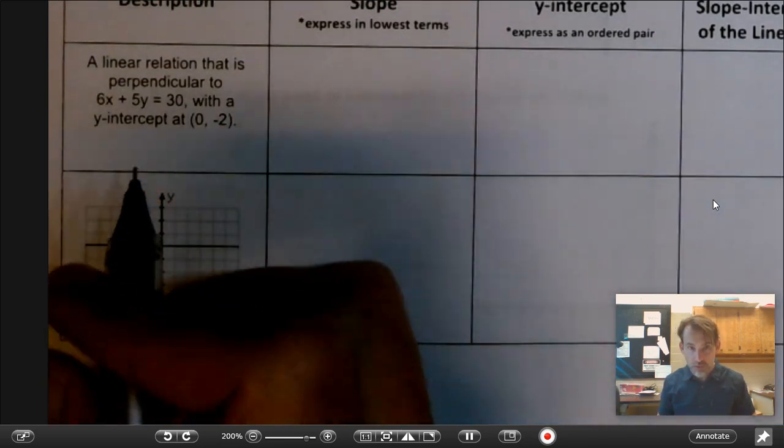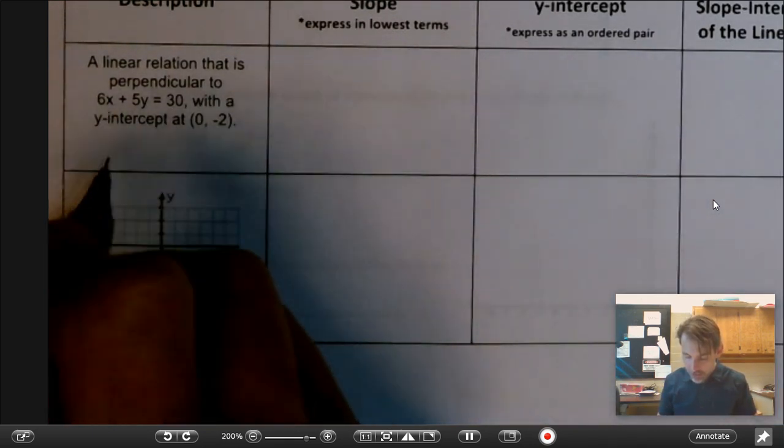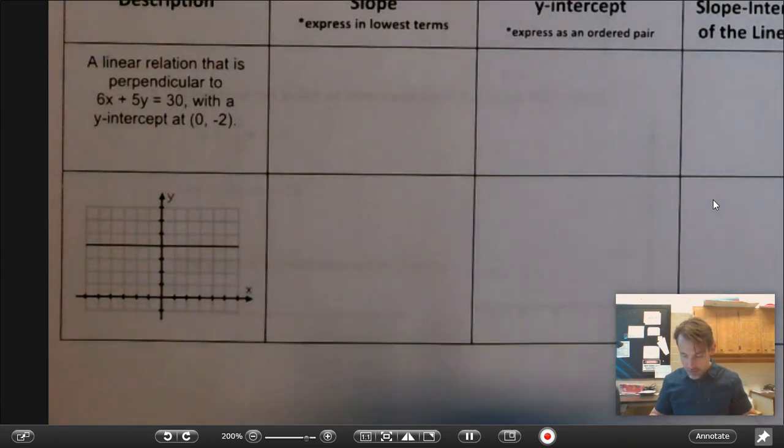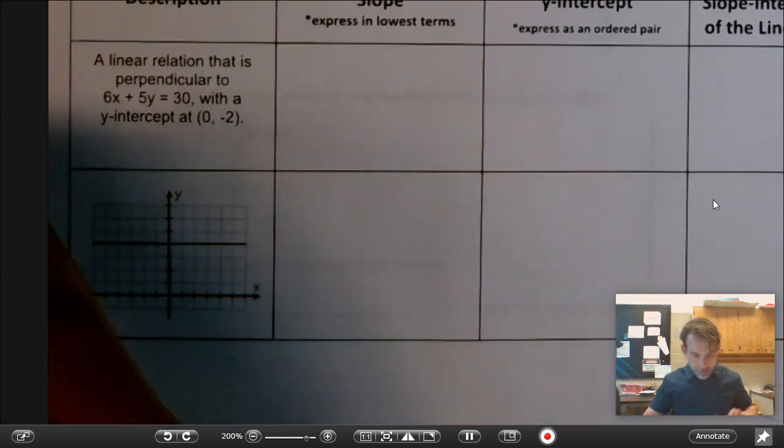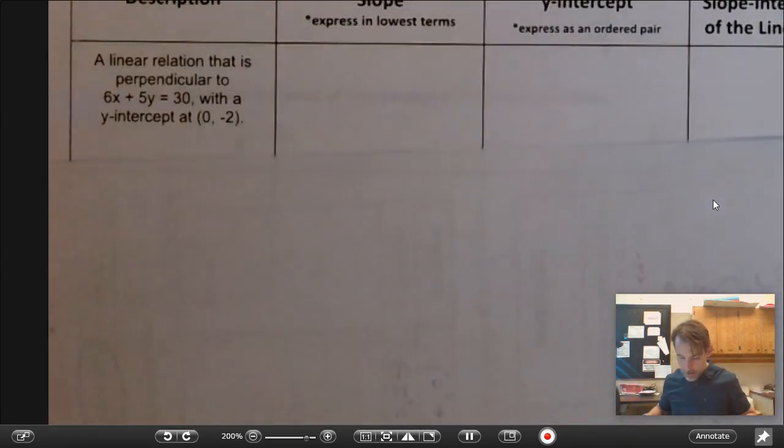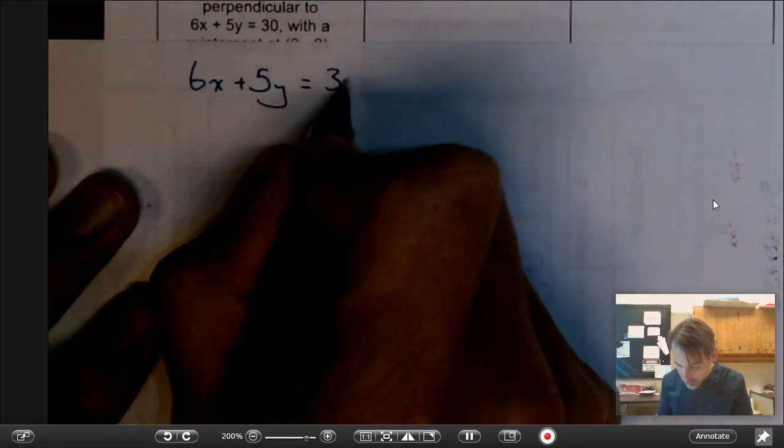Okay, so let's do that. So I'm going to rearrange that into y equals mx plus b form on a separate sheet of paper. So here we go. 6x plus 5y equals 30.